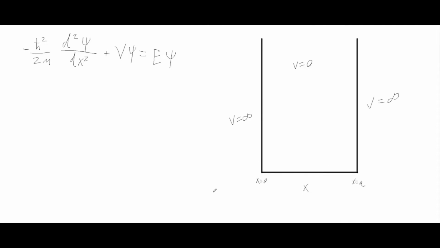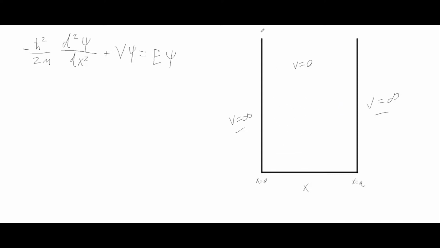Alright, in this video I'm going to start on solutions to the time-independent Schrodinger equation in an infinite rectangular well. I've drawn the diagram that you will often see for this, where on both sides we have an infinite potential, but inside we have zero potential.